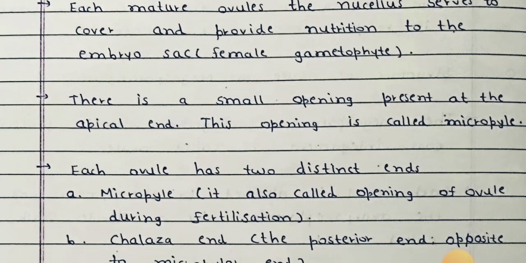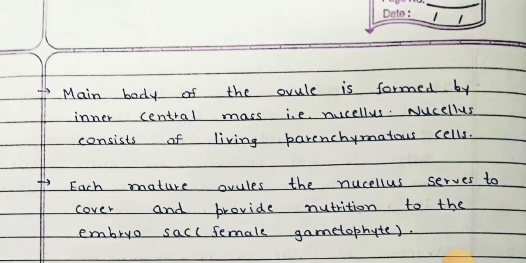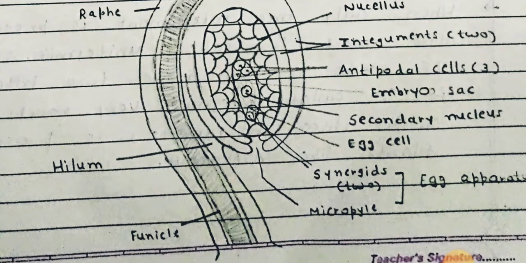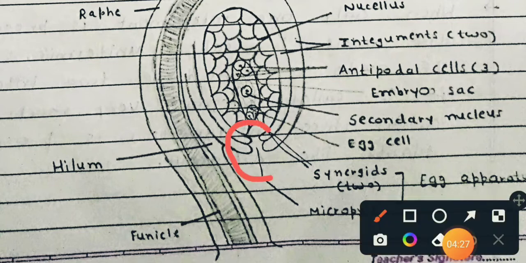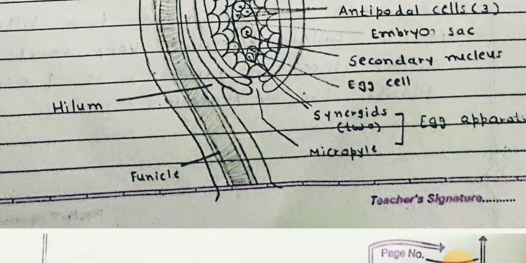Now there is a small opening present at the apical end and this opening is called as micropyle. Here in this figure you can see the small opening from which the male gamete enters and fertilizes our egg cell.